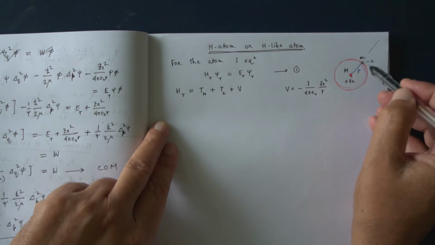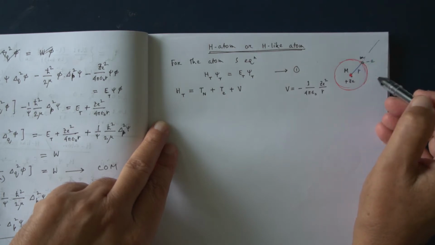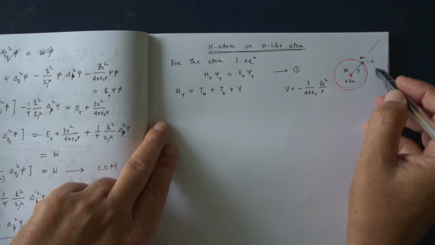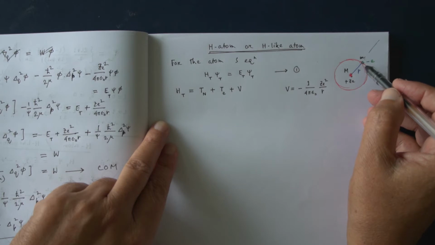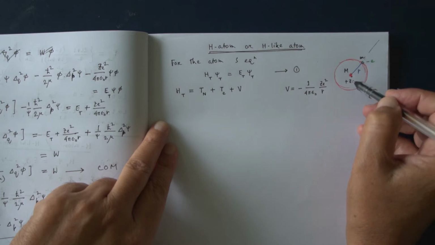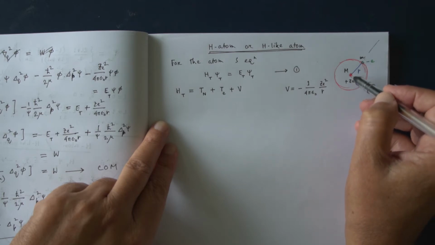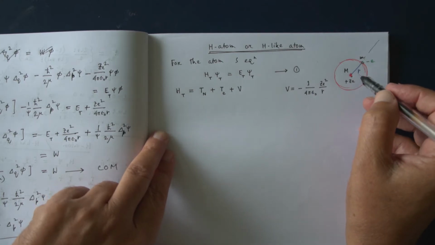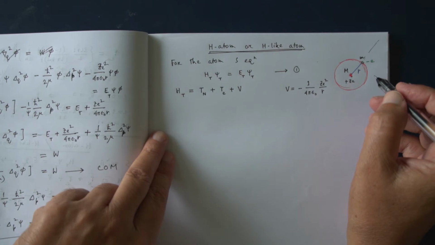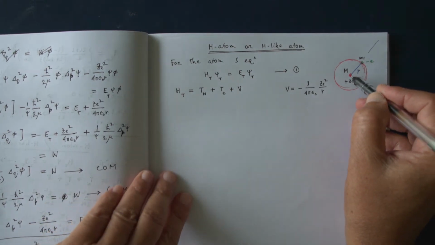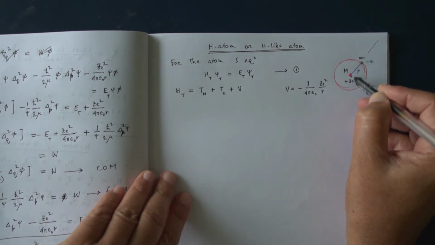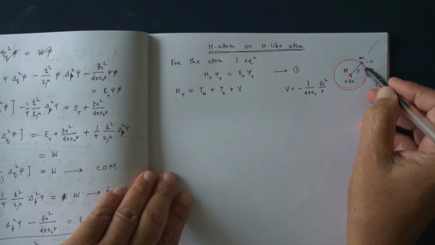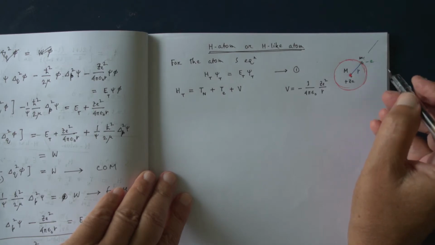Therefore, it is also called the central field problem. That means potential energy is directed towards the center, that is the nucleus. And there is strong attraction between nucleus and electron.